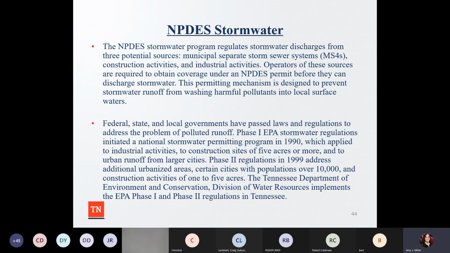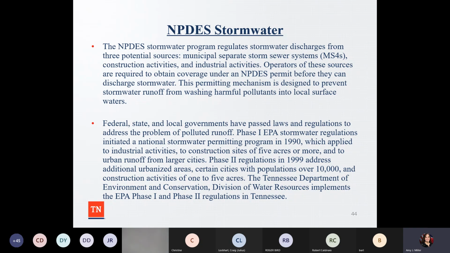So again, you have to ask for permission first before you do development, and then make sure the permitting mechanism is designed to prevent stormwater runoff from washing harmful pollutants into local surface waters. So again, federal, state, local governments have passed laws and regulations to address these problems.